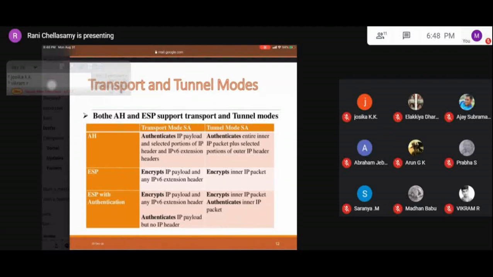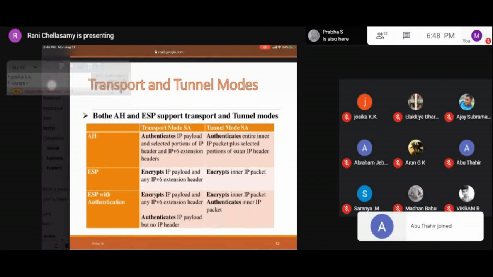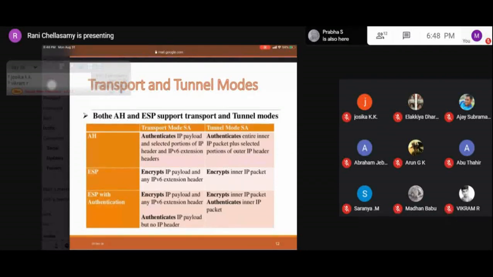So AH, what is the main purpose? In transport mode, it authenticates the IP payload and selected portions of the IP header and IPv6 extension headers. Coming on to the tunnel mode, we have transport mode security association and tunnel mode security association.